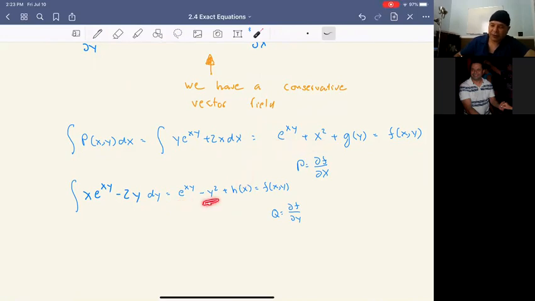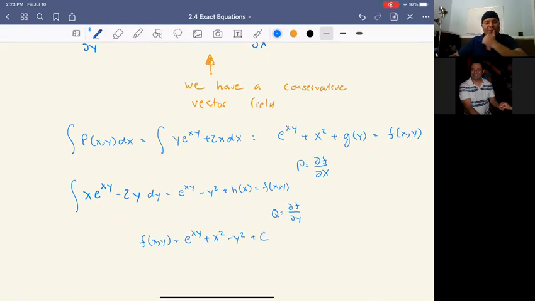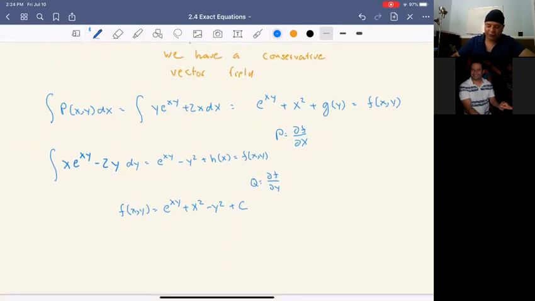This one has a y squared, which we think of as being part of this g of y. So our f of x, y is e to the xy plus x squared minus y squared, and we're going to go ahead and say plus some constant. Okay? And that's the generating scalar function.